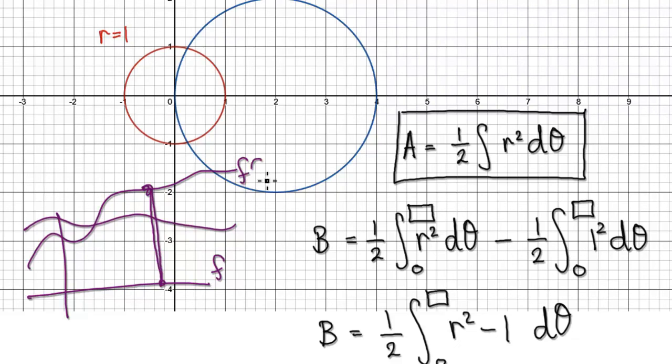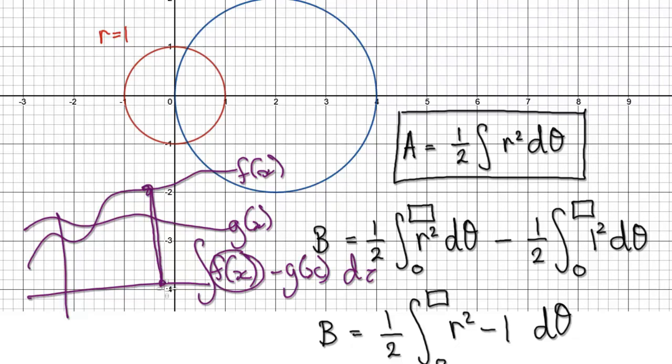Let's say this is f of x and this is g of x. You can just get f of x, take away g of x, and then integrate the whole thing, dx. So when you get f of x, take away g of x, that will then give you this height in between, and you're really summing up all the heights in between.